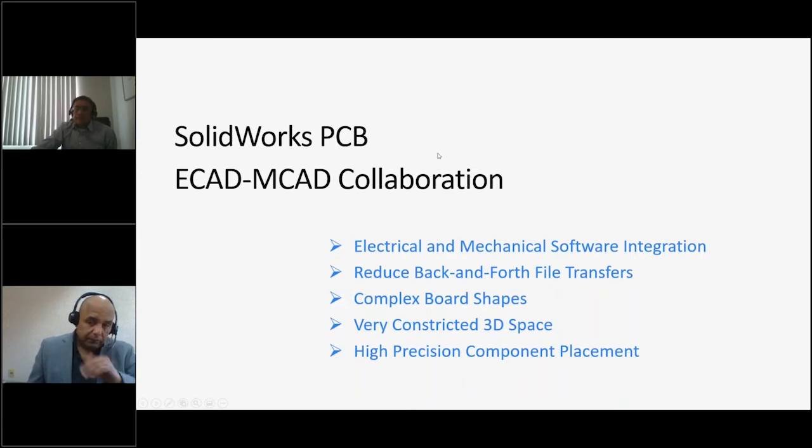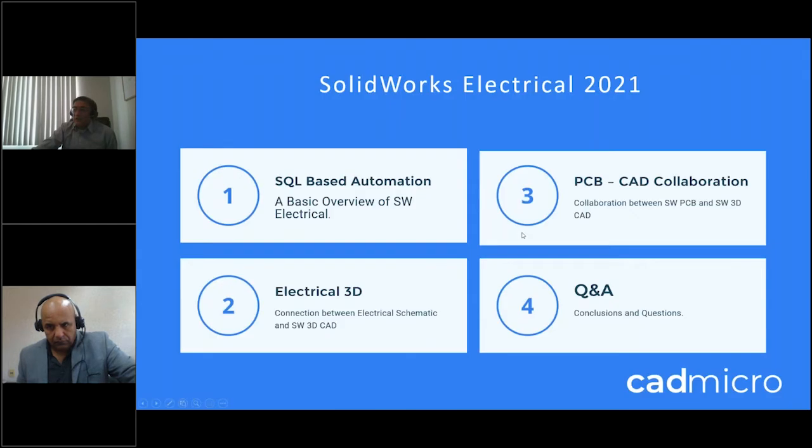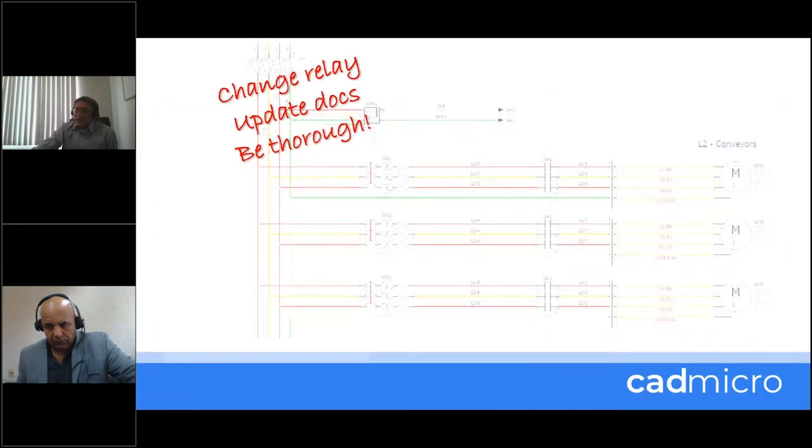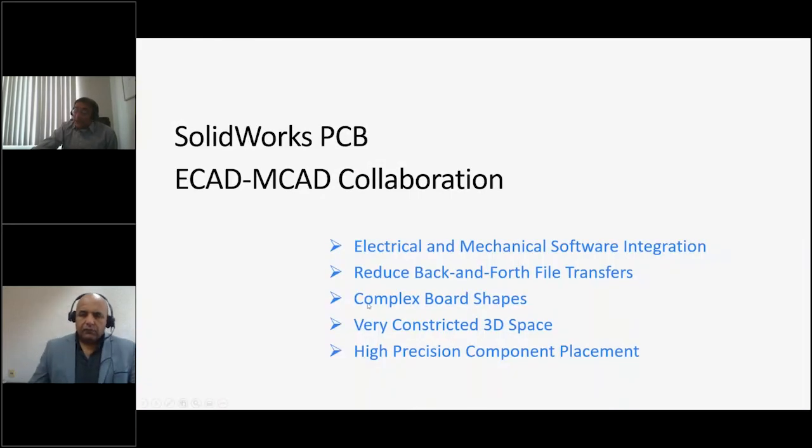And on the PCB side, which is the electronics PCB, you have your own challenges in modern system design, which is, you want to have electrical and mechanical software integration. Just like I talked about that robot, on the PCB side, and we are going to come to this example, you have a mechanical design, but then you are also trying to do the electrical design, electronics. You will have very complex board shapes, very constricted spaces, and high precision component placement.